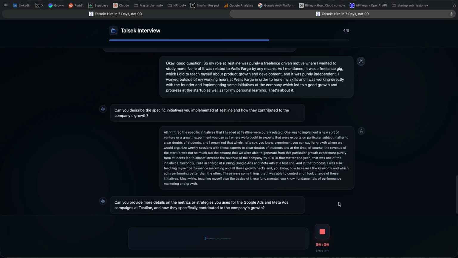All right, sure. The specific metrics were purely the conversion numbers and my ROAS, the return on ad spend, and the second biggest driver was which keywords perform the best. On a daily basis I would monitor all the keywords and how they perform in terms of converting, and which ads were ranking higher and converting much better.